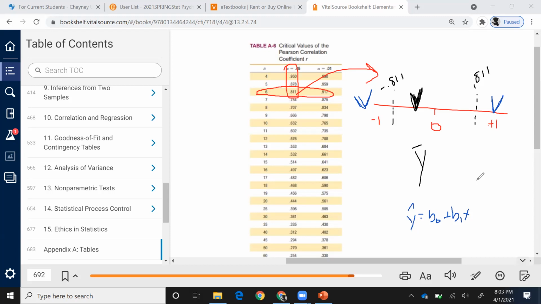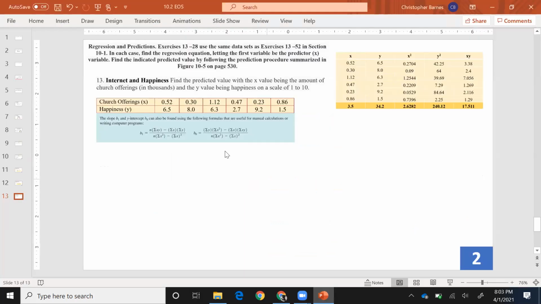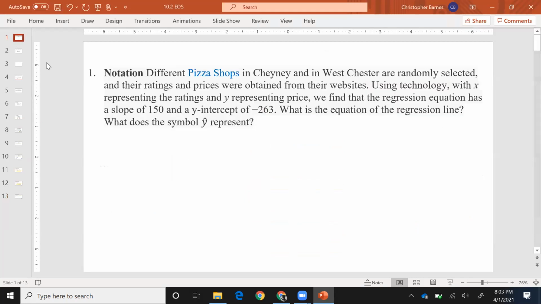Here's the issue I would like to ask you guys though, and I'll clear all these problems. Annotate, clear all drawings, right? Looking at these problems that we're gonna go over, we have problem 1, and that's, what is that?